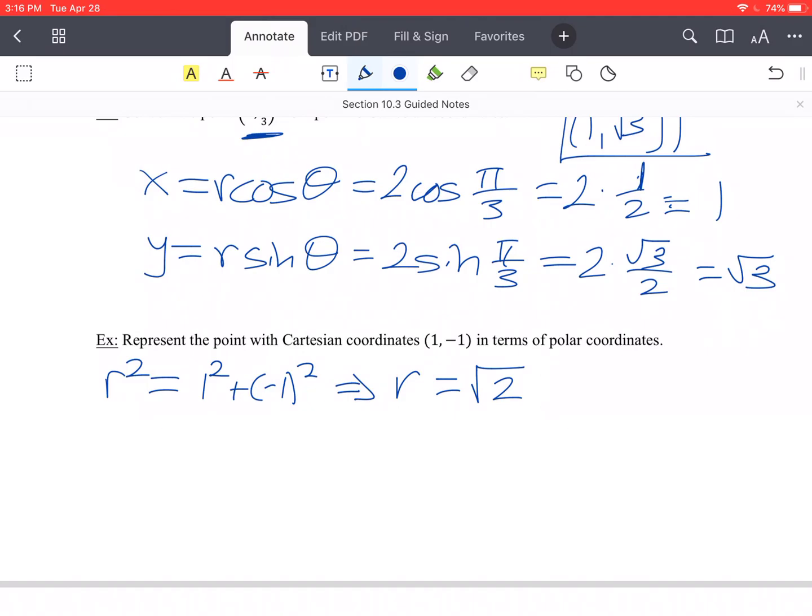And then we can use the x and y coordinates to find theta using our tangent formula. So tangent of theta is y over x, so that's negative 1 over 1, which of course is just negative 1.